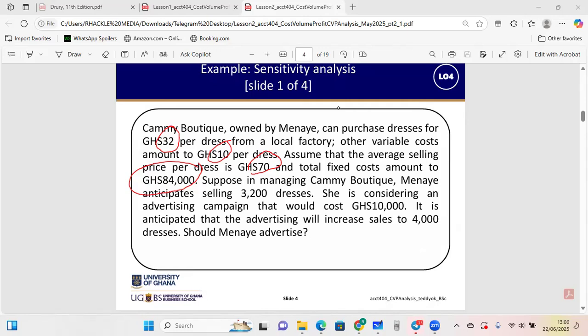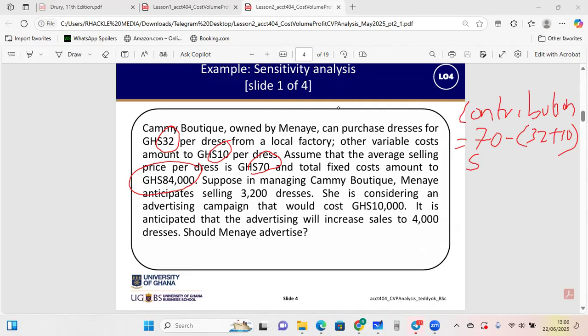So here, quickly, we can bring out our contribution. Contribution is equal to 70, which is the selling price, minus, in brackets, the two variable costs: 32 and 10.